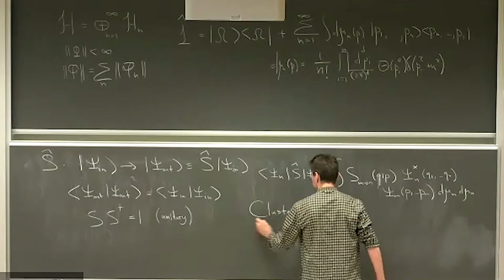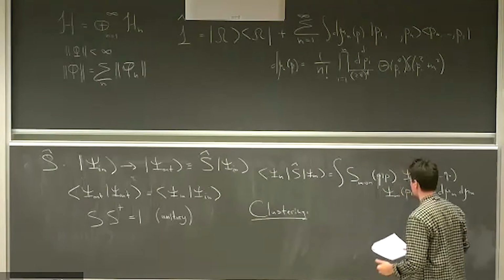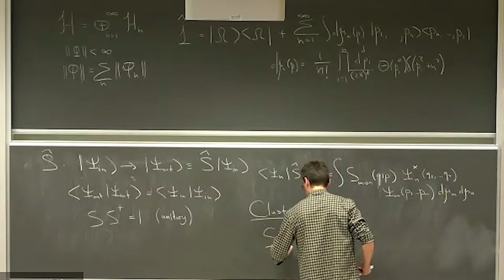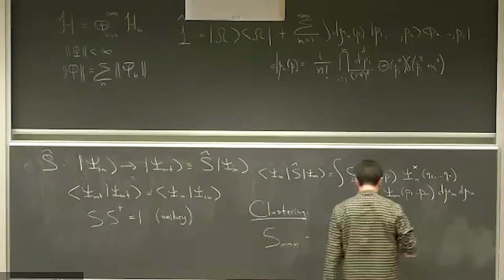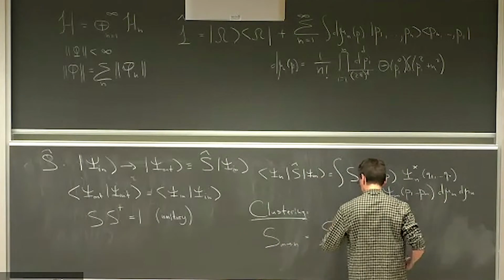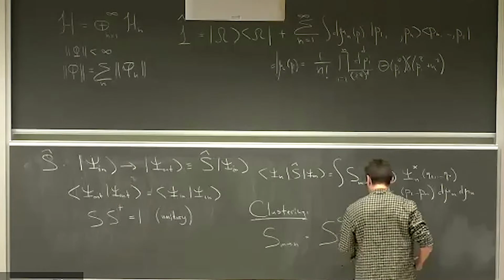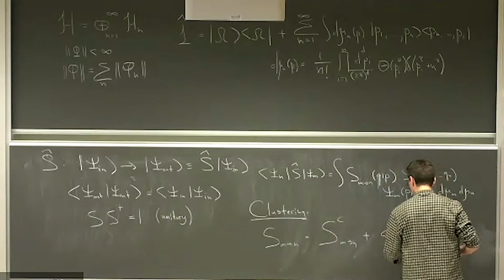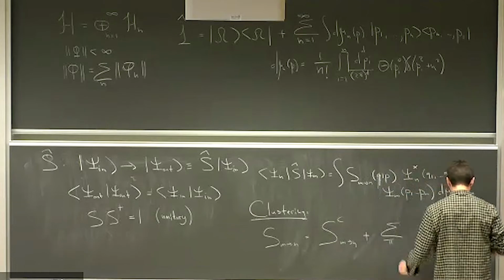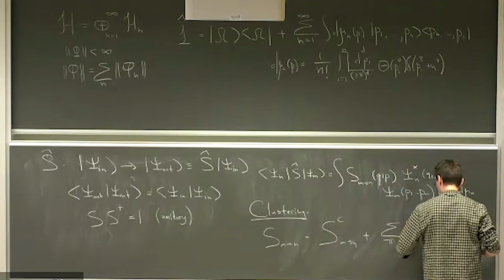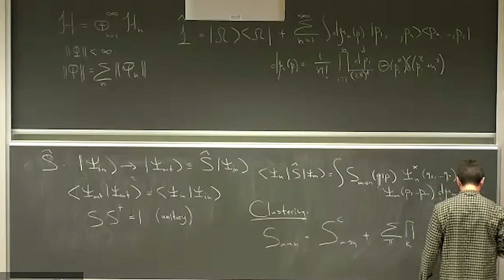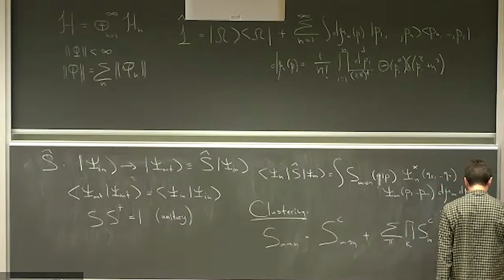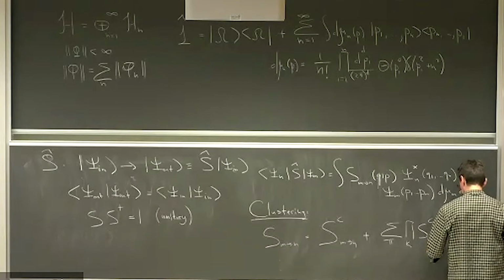It's a statement that if you have this S-matrix, you can write it as the connected part plus permutations, and you take the connected S-matrices for all subsets of particles.